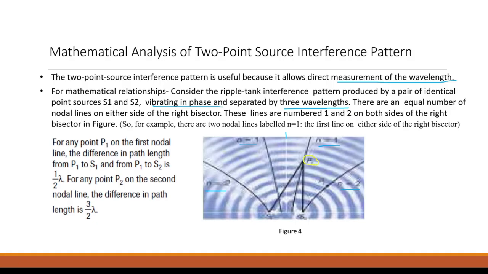So for any point P on the first nodal line, which is here, the difference in path length from P1 to S1 and from P1 to S2, the difference between this one and this one's path length, is half lambda. And for any point P2 on the second nodal line, which is here, the difference in path is 3 over 2 lambda.